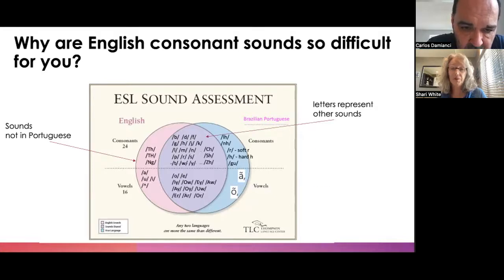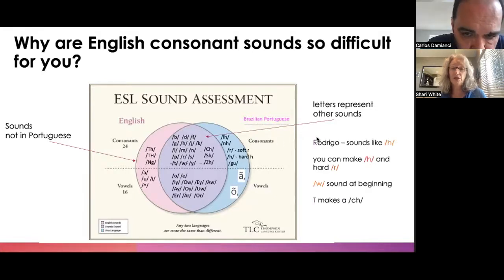For example, if you look at this word, Rodrigo, who is one of my students, he's not here today. When people say his name, it sounds like an h sound, Rodrigo. Now, my Portuguese is terrible. When that letter R is at the beginning of the word, you don't pronounce it like an R, it sounds to us like an H. It's a hard H. I don't know. Carlos, how do you say Rodrigo? Rodrigo.